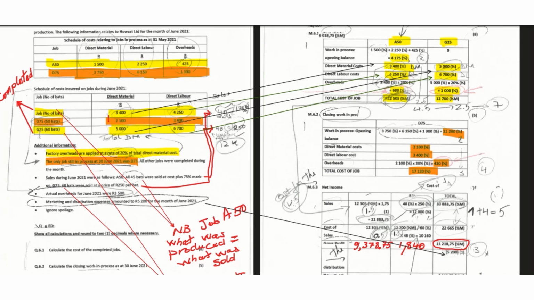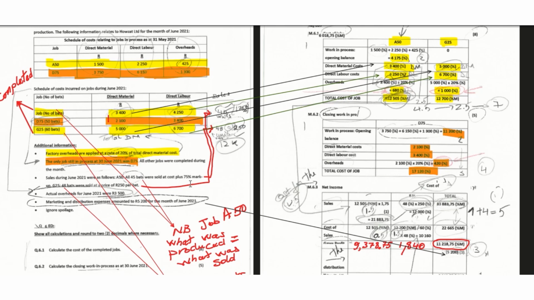But when you're looking at G25, which was also completed, 60 bats were produced. But bullet number 2 tells us that for A50, all bats were sold at cost plus 75% markup. All right, so that's important.